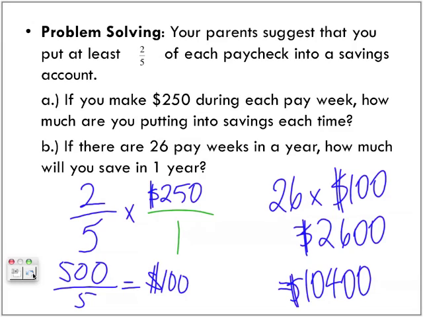So if you're able to discipline yourself to save that kind of money, $100 every 2 weeks, if you have a part-time job, look at how much you could save by the time you graduate high school. Pretty good money to be able to buy yourself a car.